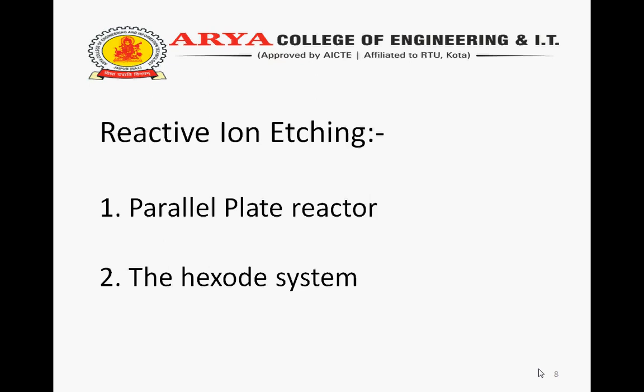In RIE, there are two systems commonly used. First is the parallel plate reactor, second is the Hexode system. In the parallel plate reactor, the neutral electrode is attached to the chamber wall to enlarge its effective area, while in the Hexode system, the sidewall itself acts as the neutral electrode.